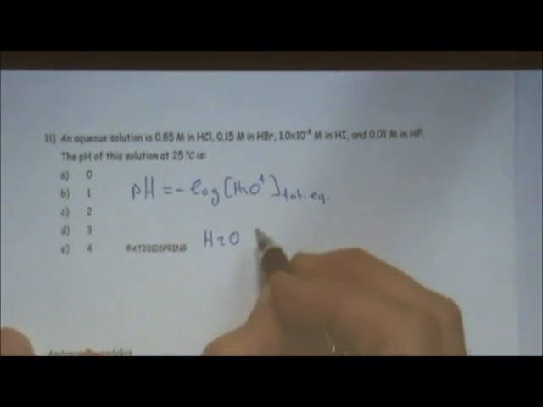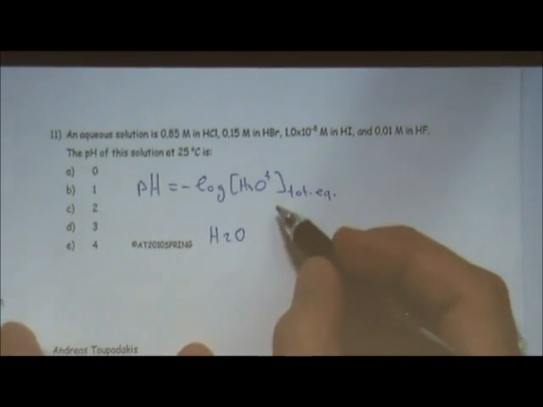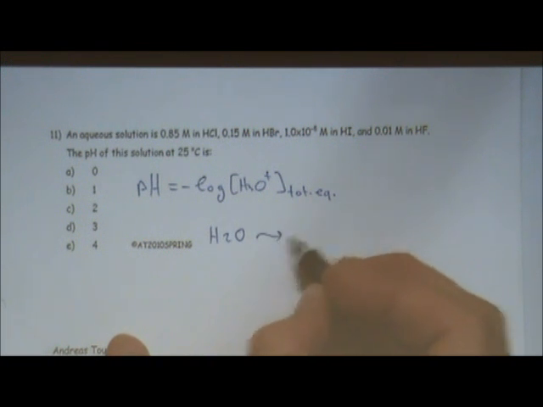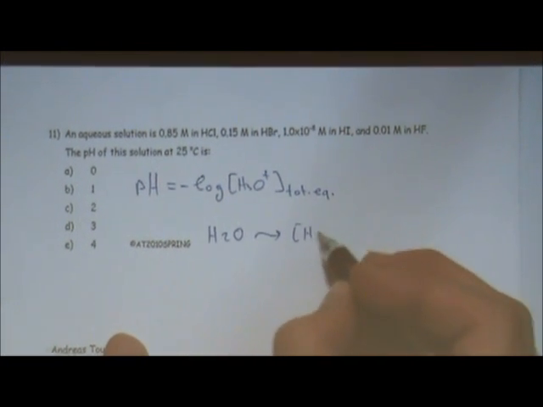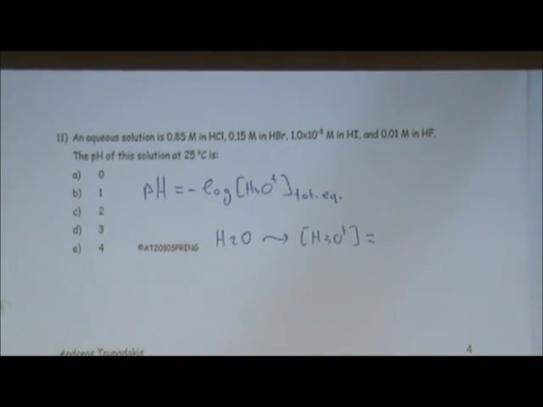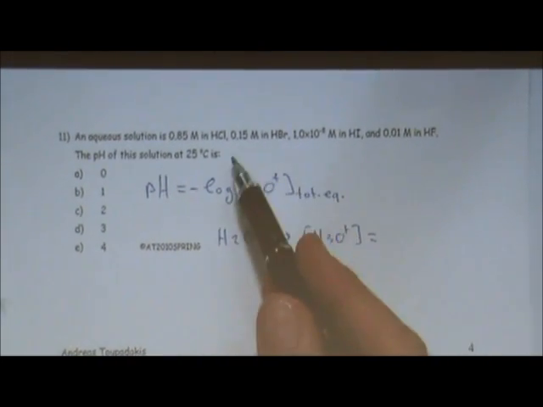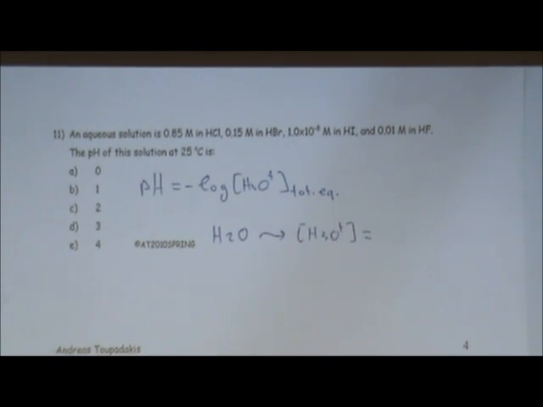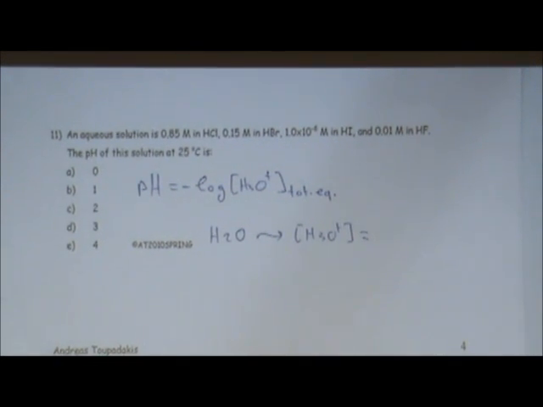So water as a source of hydronium ions will give you a concentration which, when it's pure, is 10 to the minus 7. In the presence of strong acids at normal concentrations, it is going to be much less than 10 to the minus 7, because the ionization will be self-suppressed.